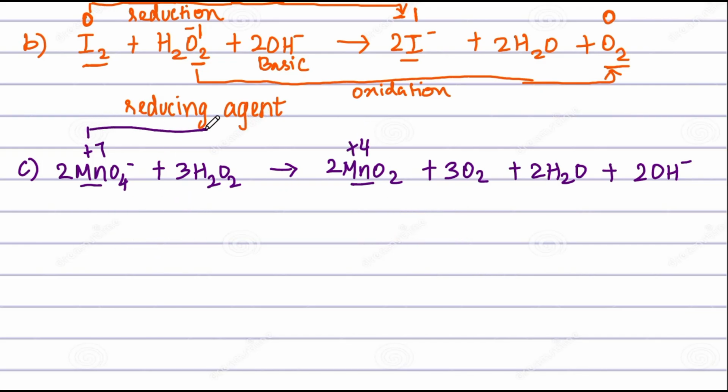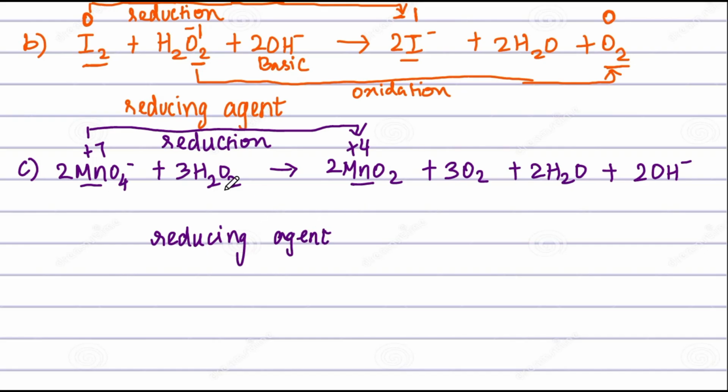So here also, from +7 to +4 is a decrease in oxidation state. So the other substance has undergone reduction, and in this equation also hydrogen peroxide is acting as a reducing agent and not as an oxidizing agent. The oxidation state of oxygen is -1 in hydrogen peroxide. Then in the product you have dioxygen, so here the oxidation state is 0.